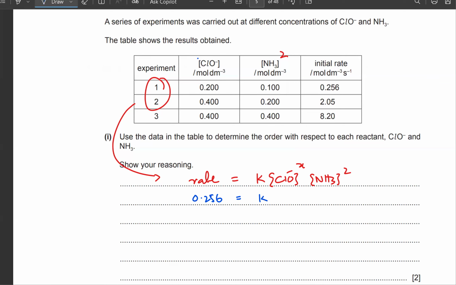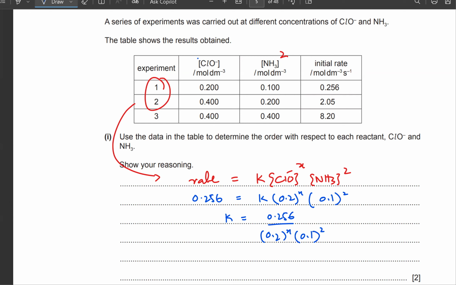ClO minus 1 is 0.2, and that's power X. NH3, that's 0.1, and that's squared. Now, using this, I can figure out what K is. So K is 0.256 divided by 0.2 power X and 0.1 squared. So I found out K.